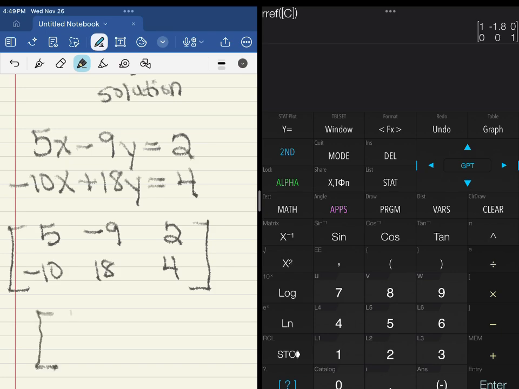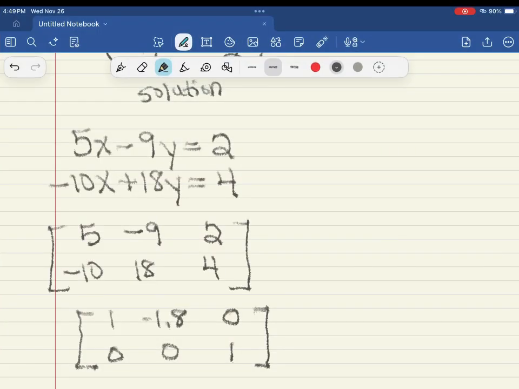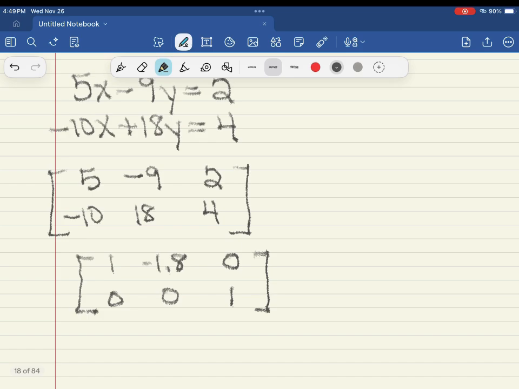So let me write this out and show you what this means. You've got to think backwards a little bit, right? Because we know the first column is X, the second column is Y, and the last column is just the solid numbers. This right here is the Y column.